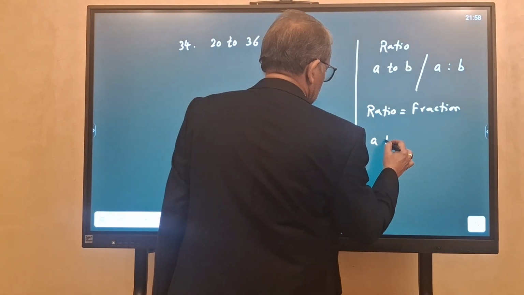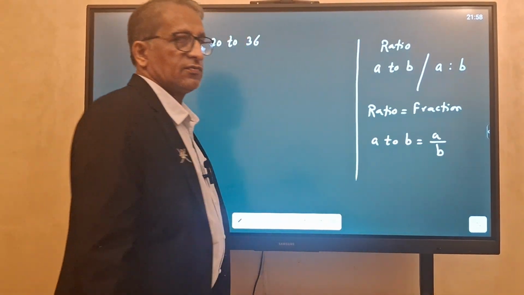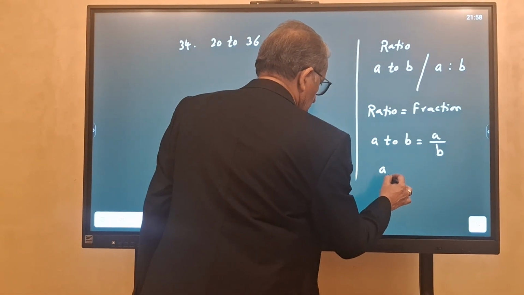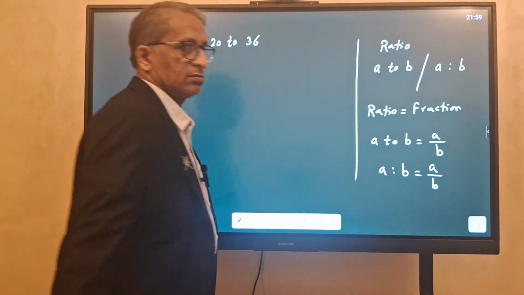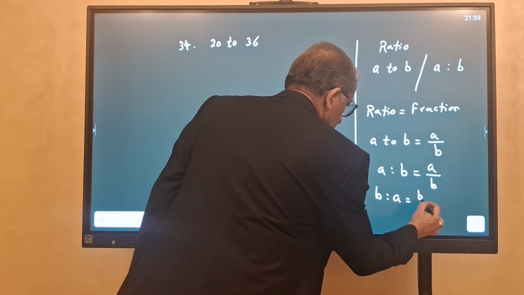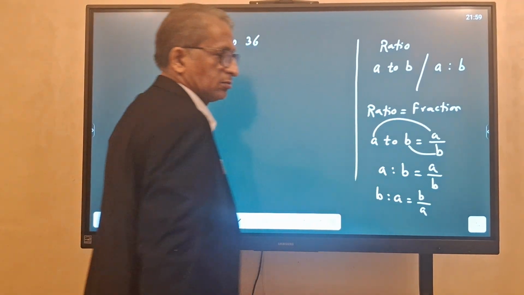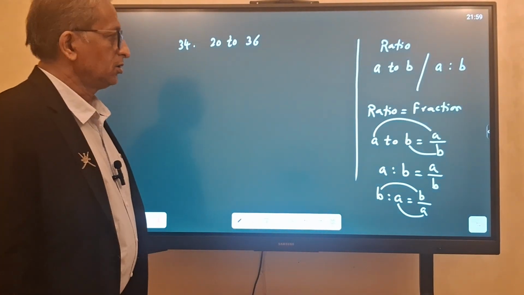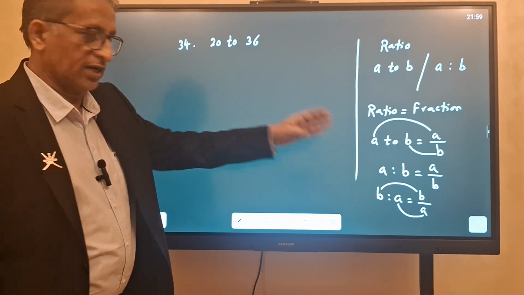If it is A to B, then I write A divided by B as the fraction for the ratio A to B. Or A colon B means it is A by B. If it is B colon A, it is B by A. That means the first goes up, the second goes down. So this is the relation between ratio and fraction.